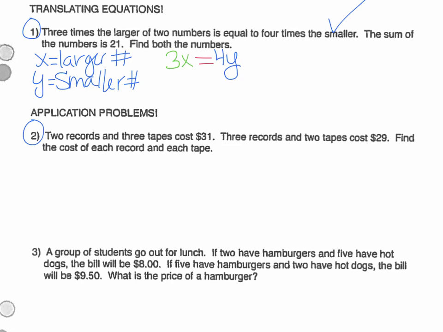So the sum of 2 numbers is 21. Since I don't know what those numbers are, that's where I need to use the variables that I created. Okay, so if I'm adding, sum means to add those 2 numbers. Well, the first number is x, and the second number is y. So x plus y, those have to equal 21. All right, we need to find both the numbers.